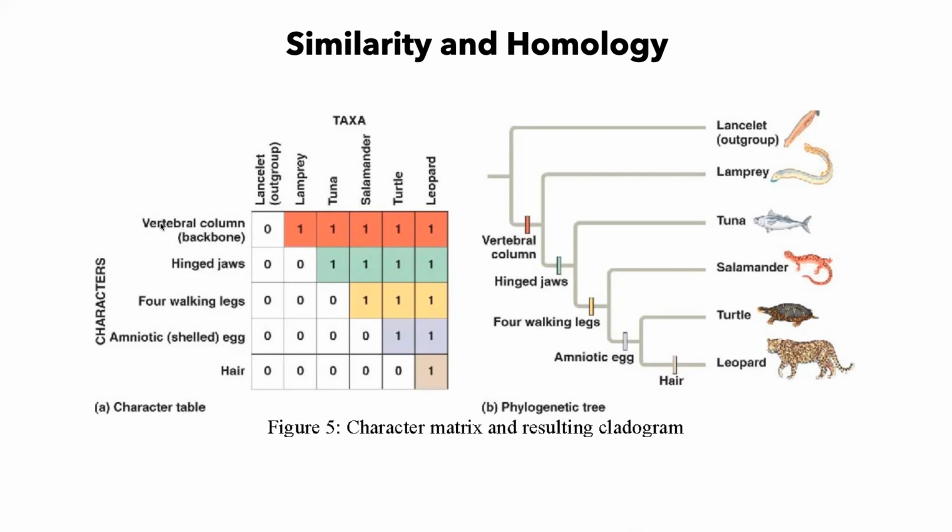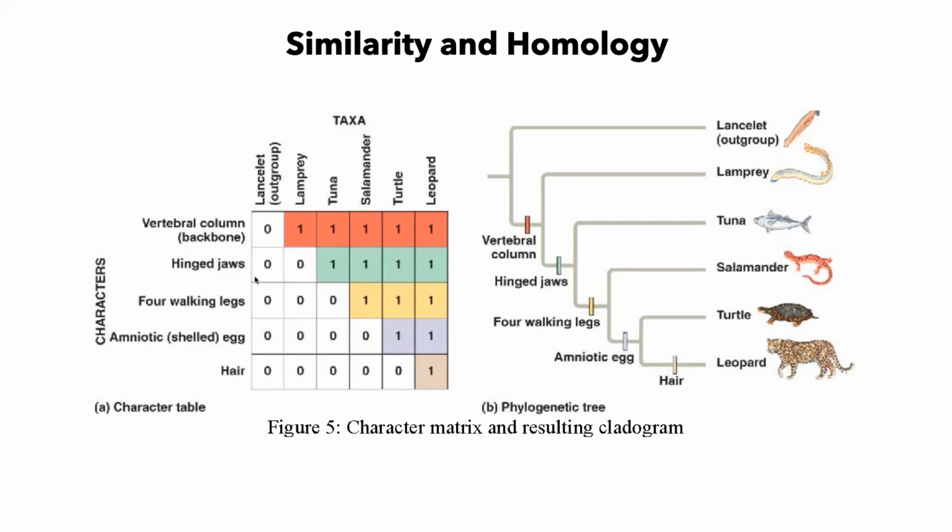Here you have the vertebral column, right? So this is the basic phenotype. They all possess a vertebral column, except for the 0, right? So right here it did not exist, and it appeared right here. Therefore, this is a branch.